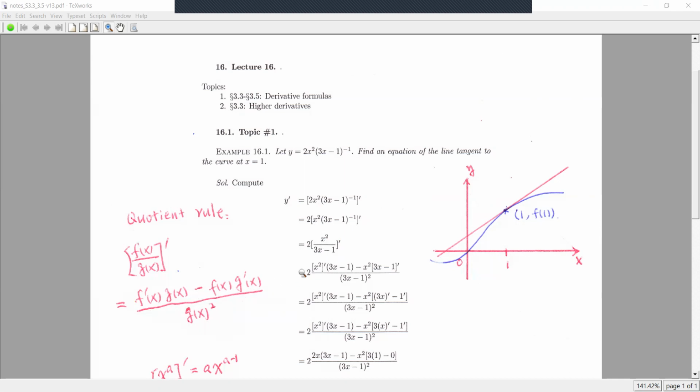Then we have this equation. Next, apply the difference rule here. Then we have this equation. Move the constant 3 outside this derivative. Then we have this equation.